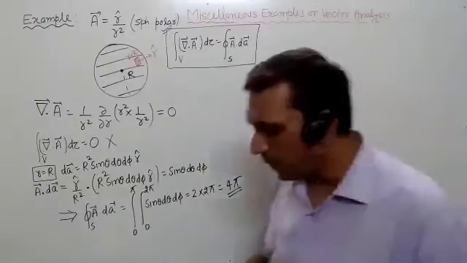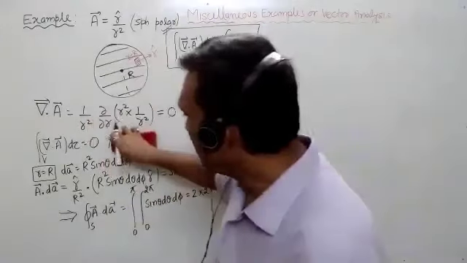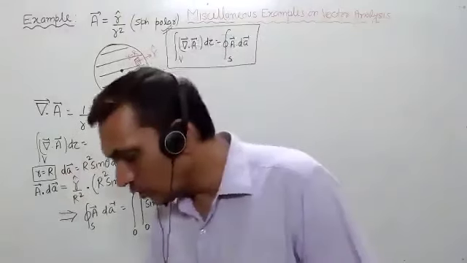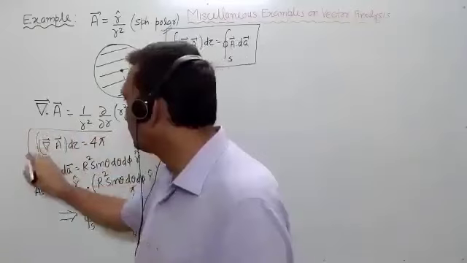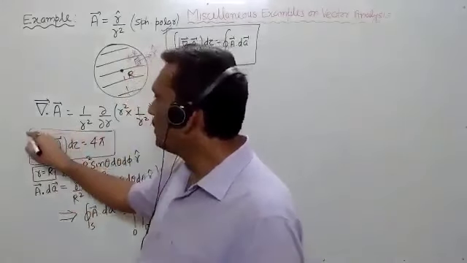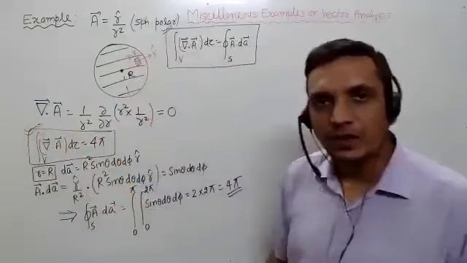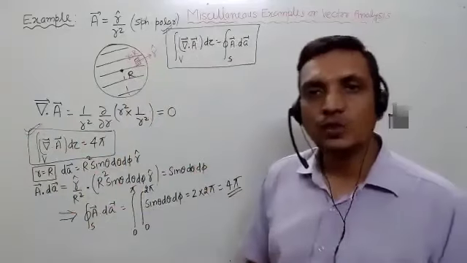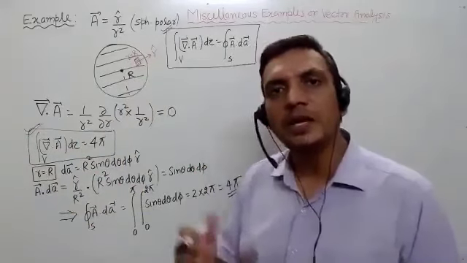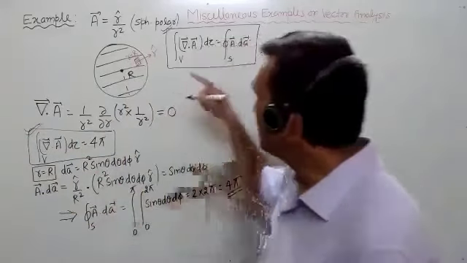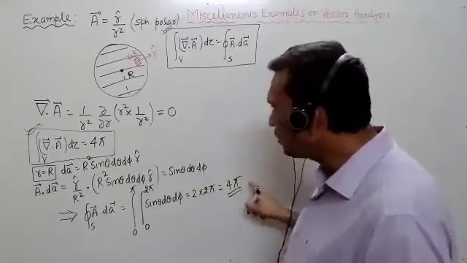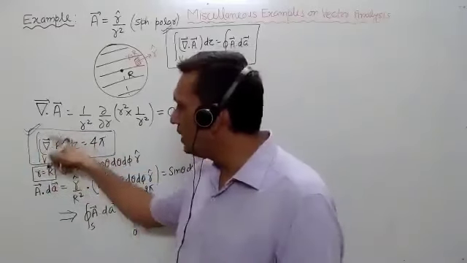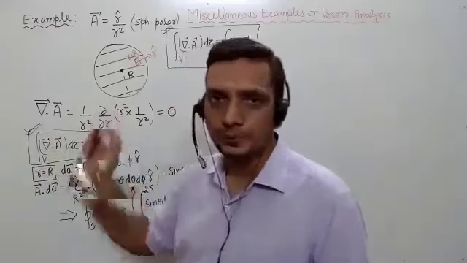Right hand side is 4 pi. So this integral is not 0 because divergence theorem is always valid. This integral will be 4 pi. So in objective question, whenever left hand side is 0, you have to be attentive that it may be a special case. Always check for right hand side. So this right hand side is 4 pi. So divergence of A d tau will be also 4 pi.